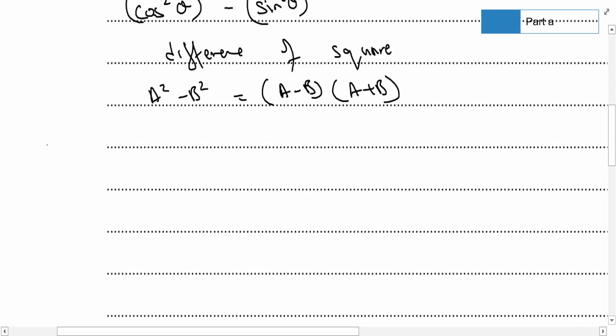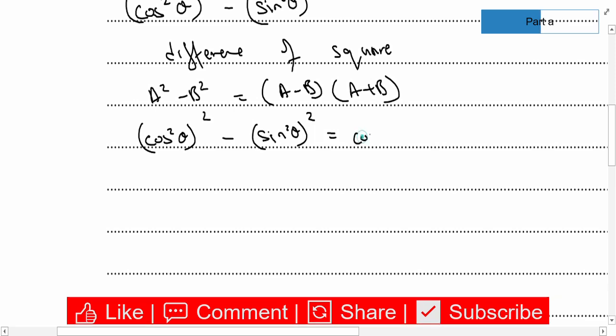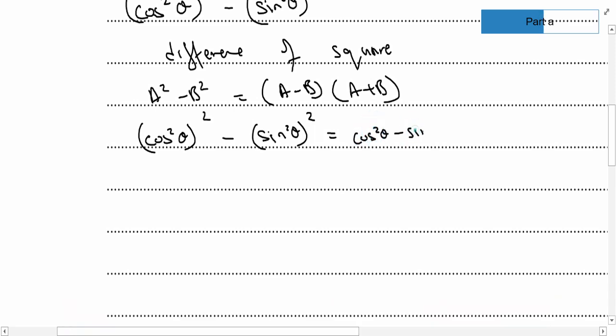So a is cos square theta and b is sine square theta. So cos square theta squared minus sine square theta squared equals cos square theta minus sine square theta into cos square theta plus sine square theta.